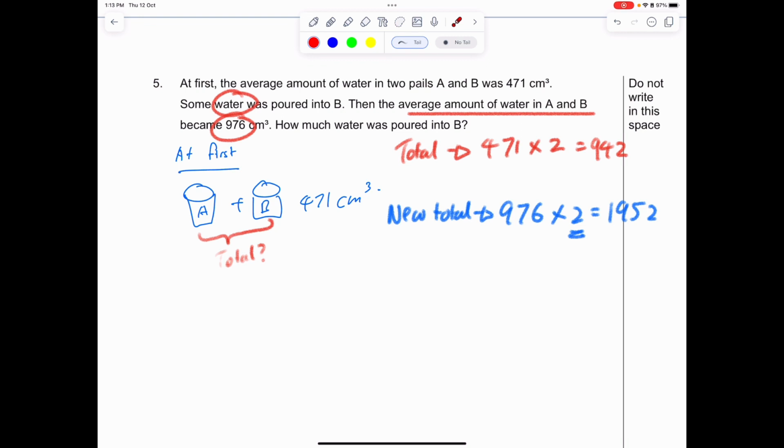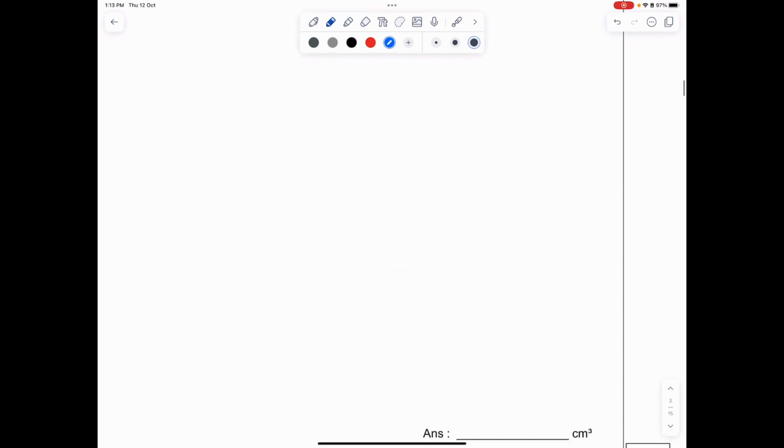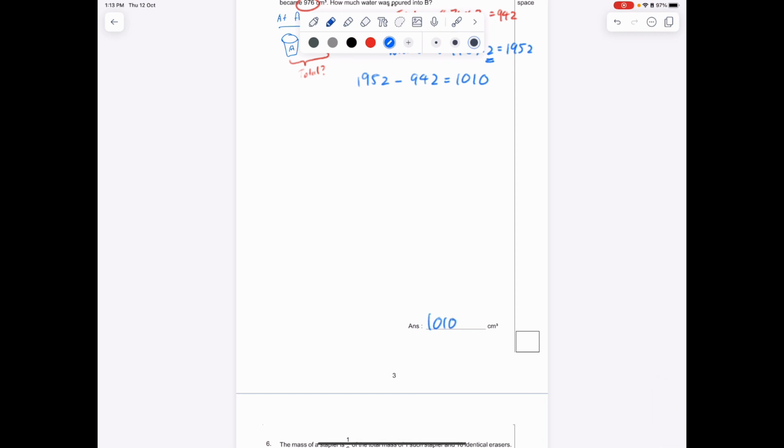Now you want to find out how much water was added to B. You will take the new total, subtract away the old total. So 1952 minus away 942, your answer would be 1010. So your answer is 1010 cm cube.